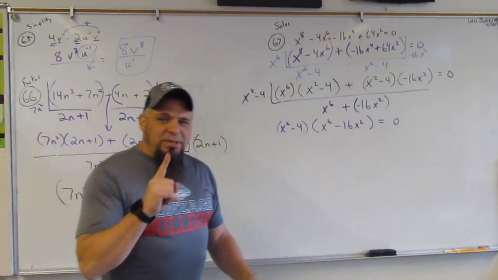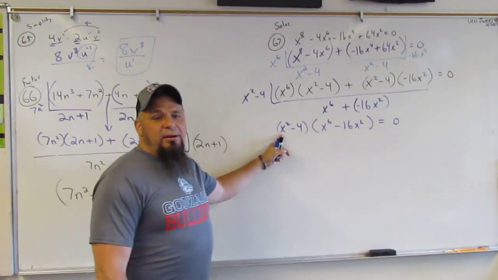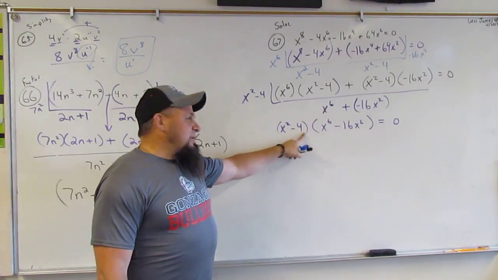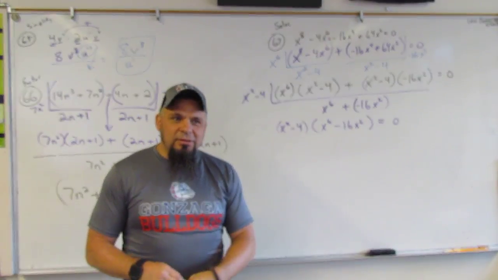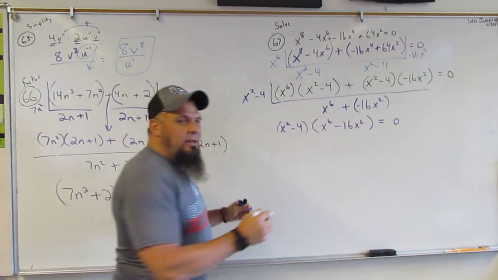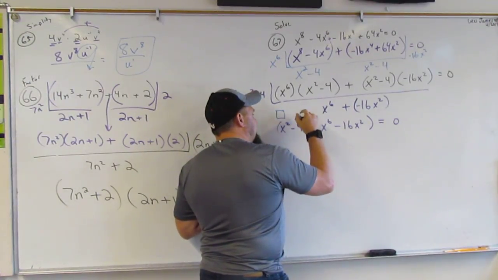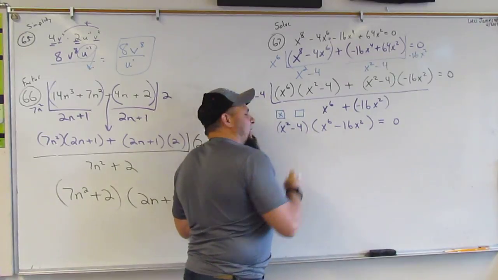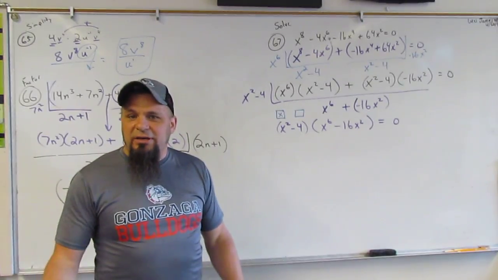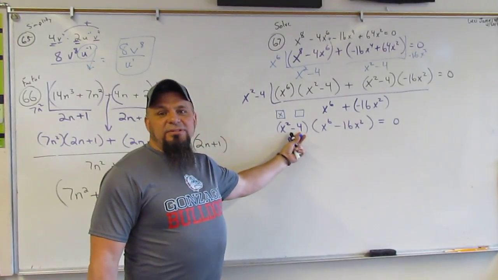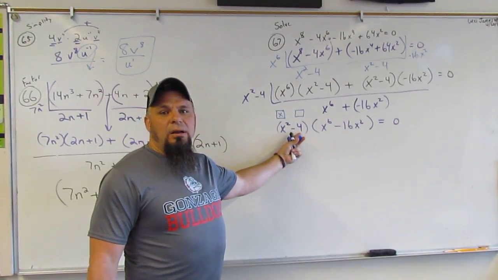And we noticed something. We noticed that this is a square, and this is a difference. Do you notice that 4 is a square also? This is a square of x's, x squared, right? What's this a square of? What times what is 4? 2.